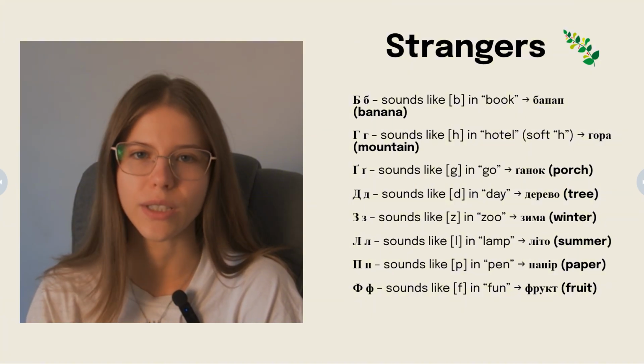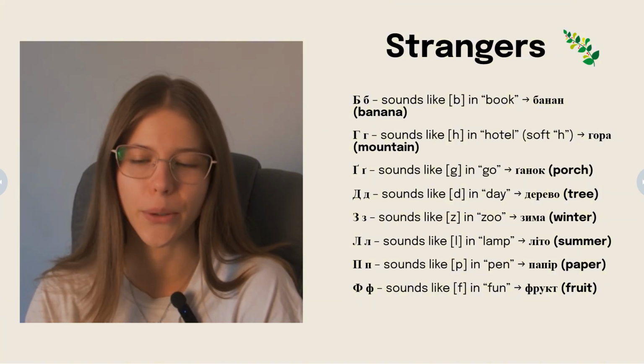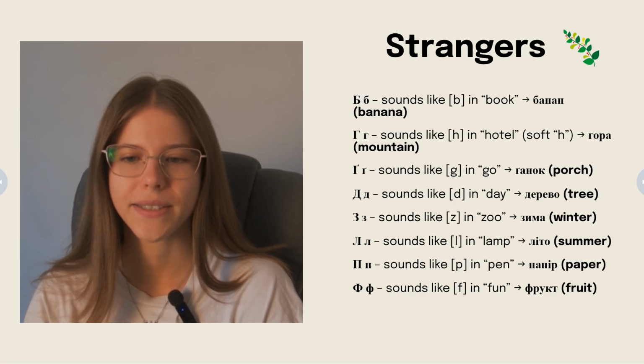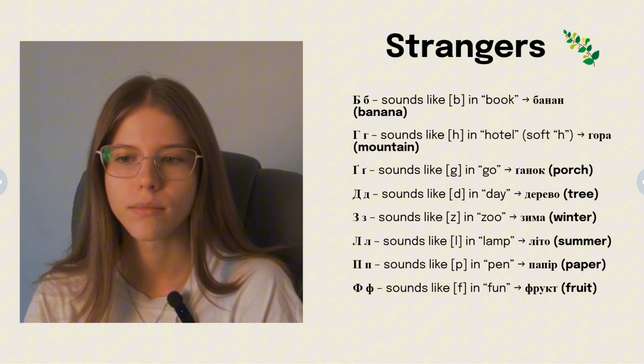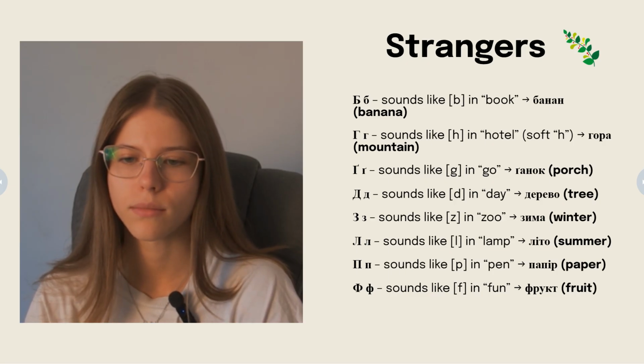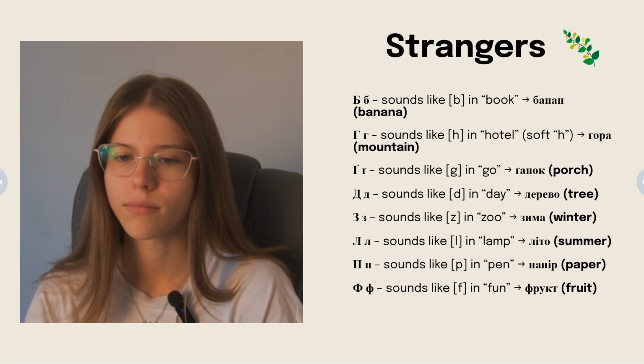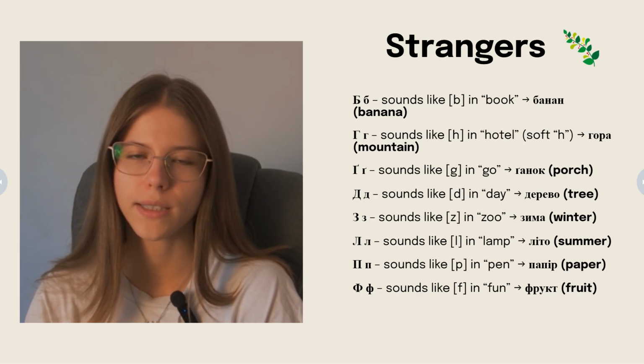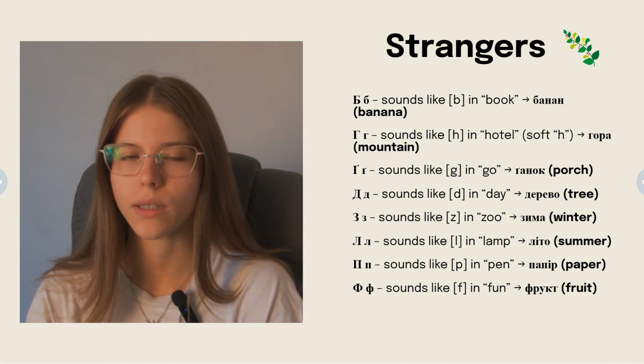Next two slides will be strangers, so letters that don't exist in the English alphabet at all. These letters you need to learn from zero. Let's start. Б, банан. Г, гора. Ґ. Check your pronunciation. The previous letter was Г.